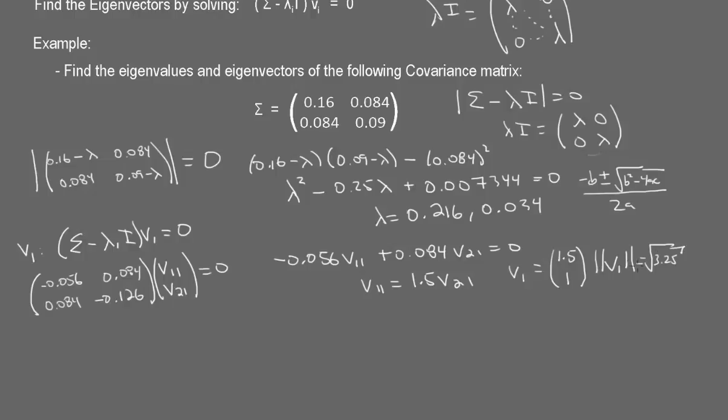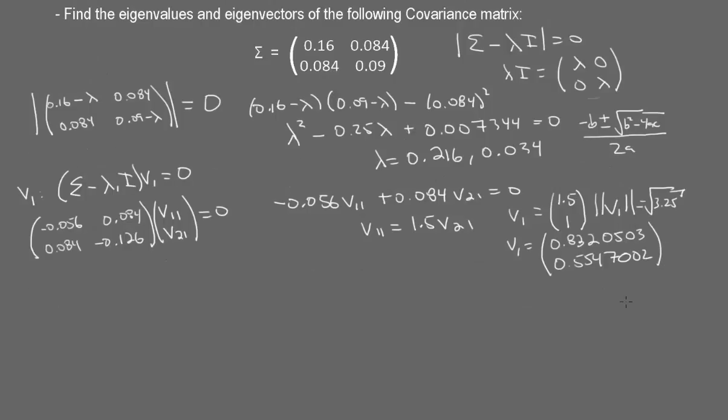So we take 1.5 divided by the square root of 3.25 and 1 divided by the square root of 3.25, and that gives us our unit eigenvector. Now this would be 0.8320503 and 0.5547002. So now we have our two eigenvalues and our first eigenvector.